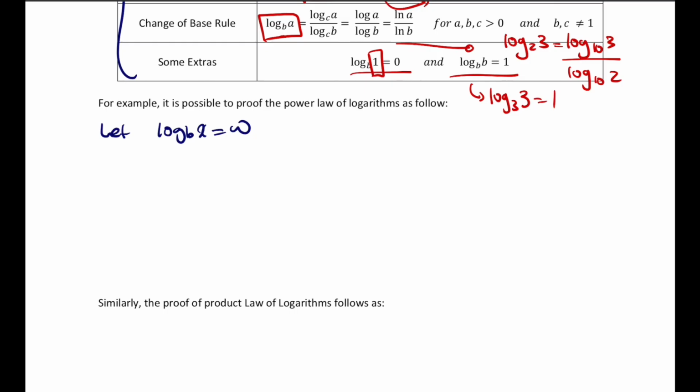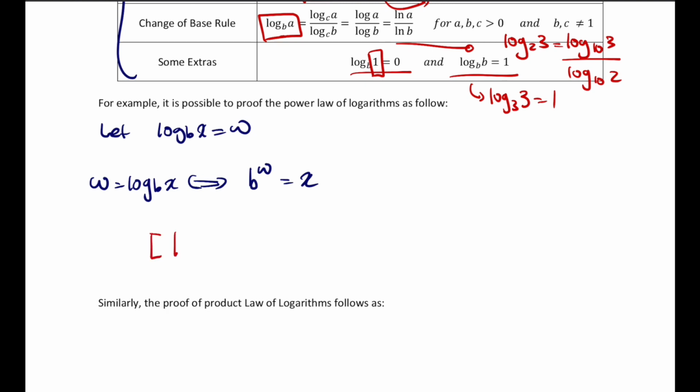When this happens, we can rewrite w equals log b x in terms of exponents, right? We can change this logarithm format to exponent format. So it's the same as b to the power of w equals x, right?